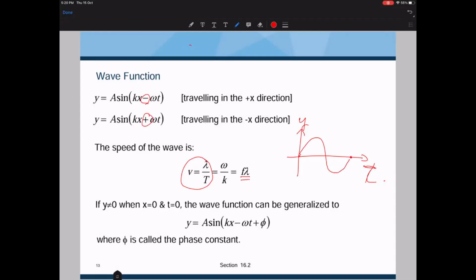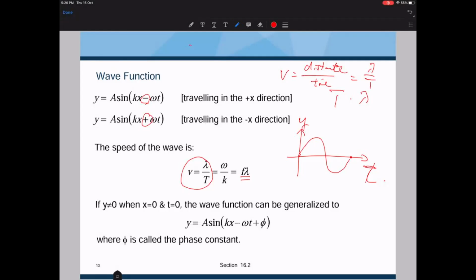But over the period of time T, the wave would have traveled a distance of lambda. So the speed, which is equal to the distance over time, is equal to lambda divided by T.